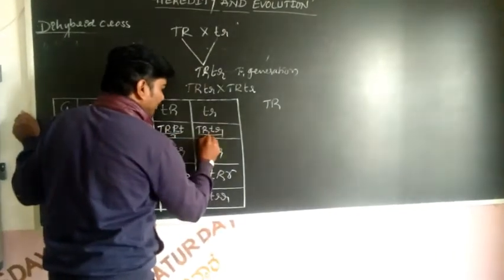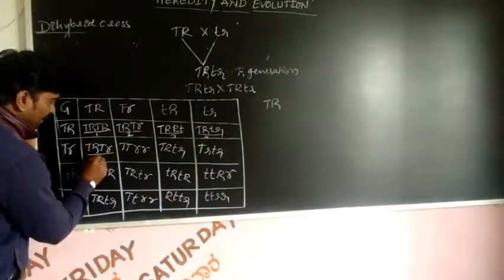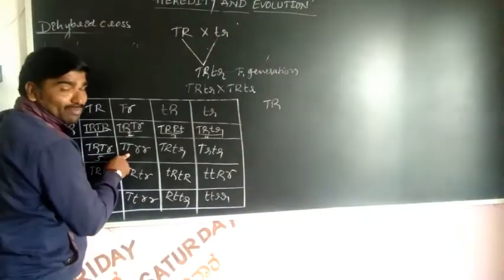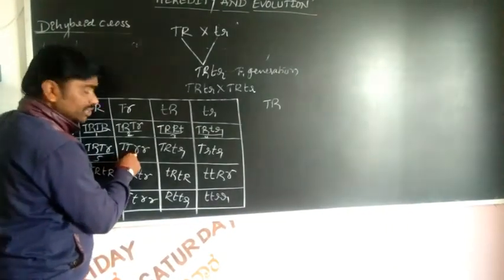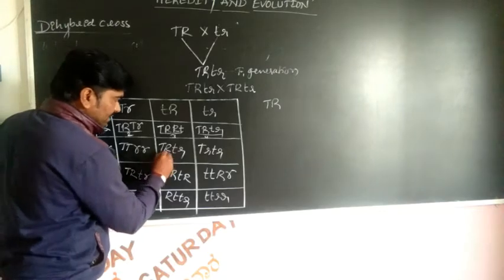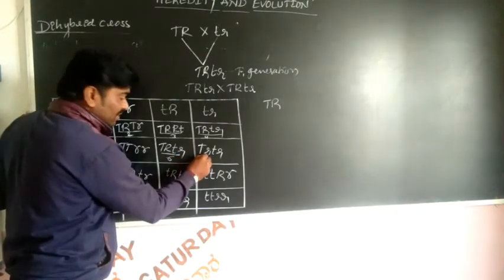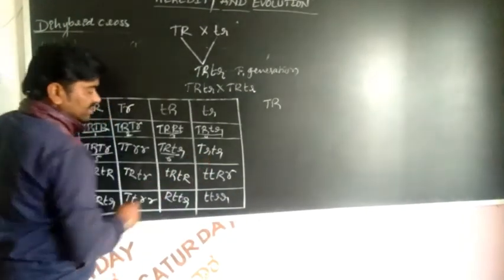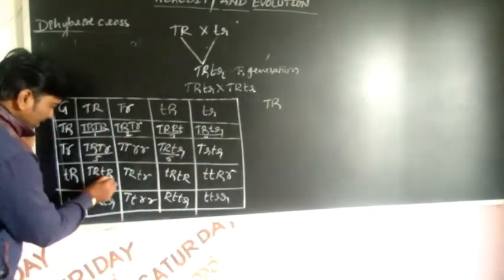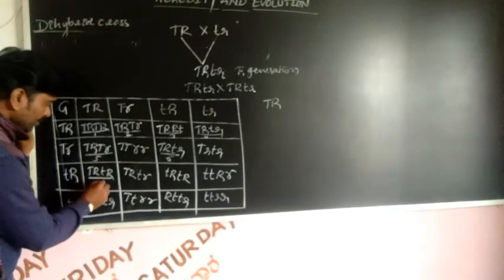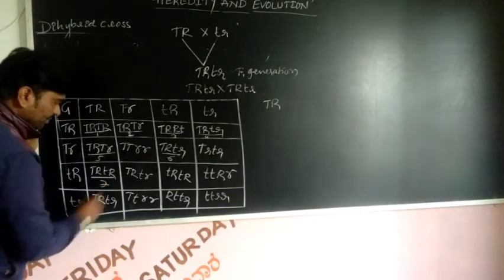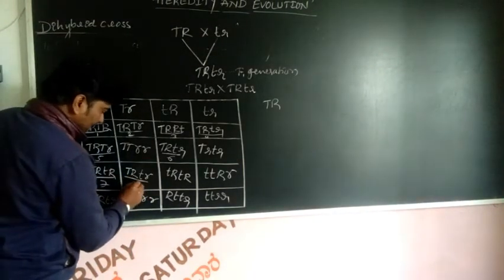Here also, 4. Here, 5. Here capital R is not there, so leave it. Here is the sixth one. Here capital R is not there, so leave it. And here capital T capital R is there, 7th. Here also, 8th.